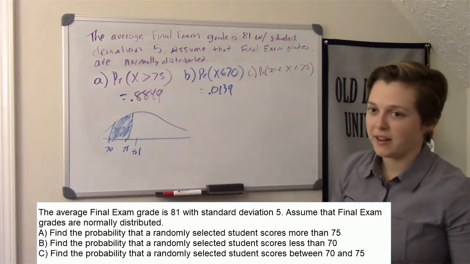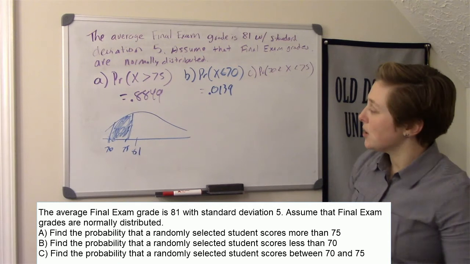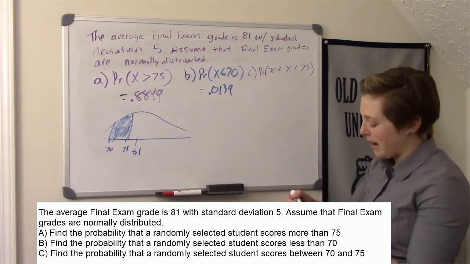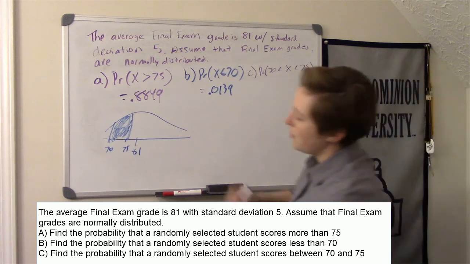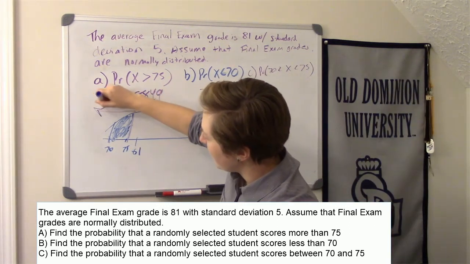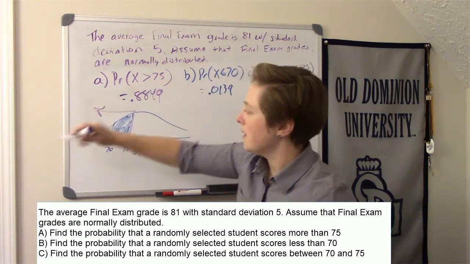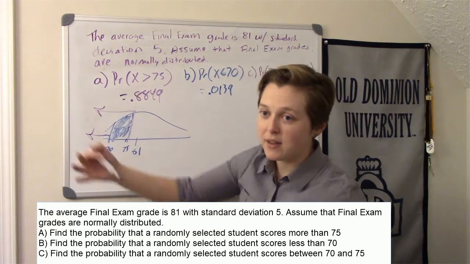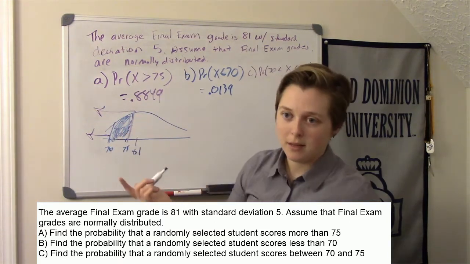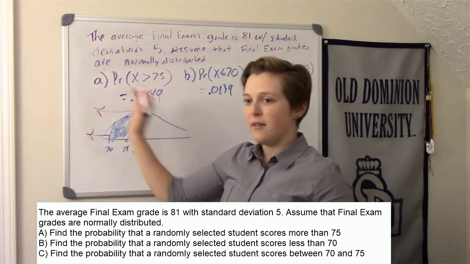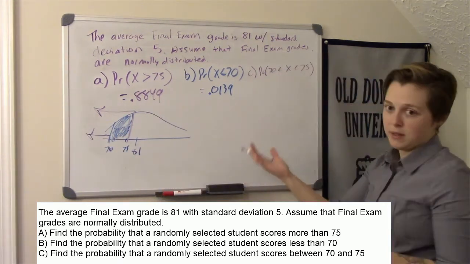Just by looking at the graph, I can see that. So how am I going to find that probability? Well, if I know the probability that x is less than 75, and I subtract off the probability that x is less than 70, then I'll be left with what's in between. Does that make sense? So if I take less than 75 and subtract off less than 70, I'll be left with what's in between.